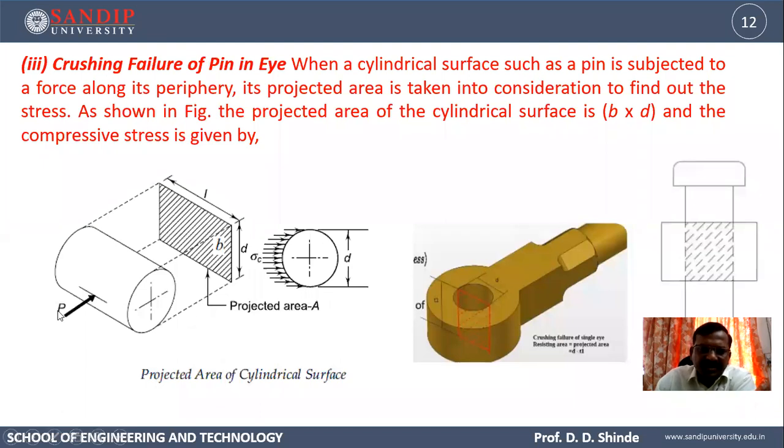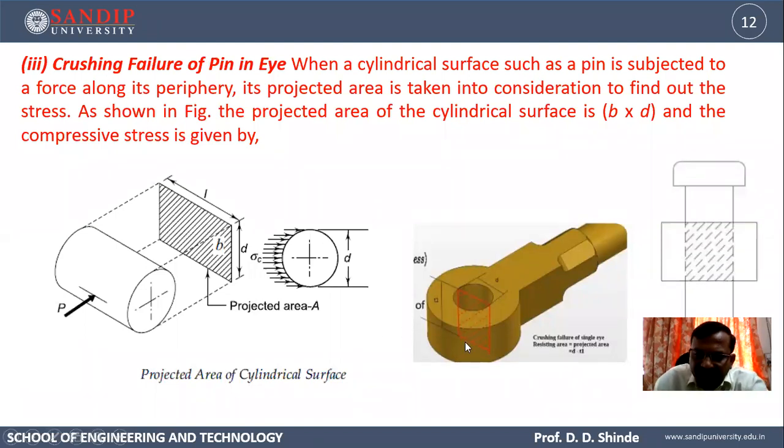Yesterday I had shown the projected area of the pin having width B and diameter D. So B into D is the projected area, which you can see here also. This is the width of the eye, that is B, and this is the diameter of the pin. So B into D is the cross sectional area which is shown here.